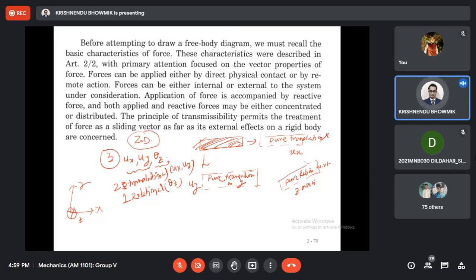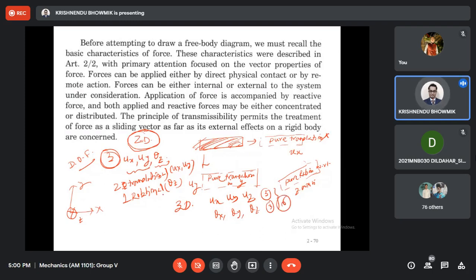As far as structural mechanics is concerned, in 2D problems there are 3 degrees of freedom. For the 3-dimensional case, you have ux, uy, uz, theta x, theta y, and theta z. 3 and 3, total 6.